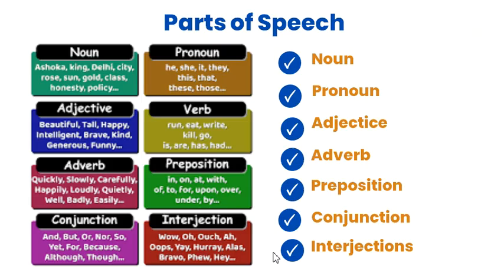So let's go to the first section of the elements under grammar. When we study grammar, we start from words. We call them parts of speech. That means all words in a language can be classified as one of these parts of speech. We might have words which are called nouns, or classified as pronouns, adjectives, adverbs, prepositions, conjunctions, and interjections.